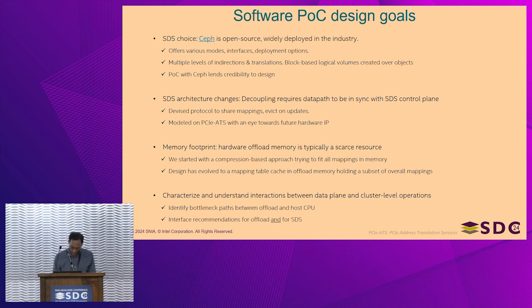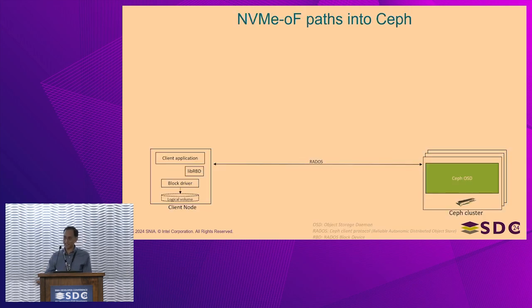Yeah, so this is about the design goals. I'll now click down to the next level where, like I said, we started with Ceph. And so I'll just talk about where we went with this. So in Ceph, client applications essentially get to the storage service.